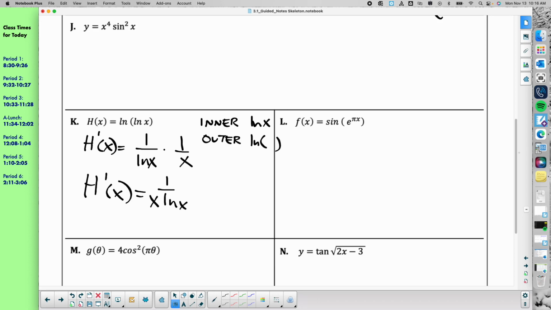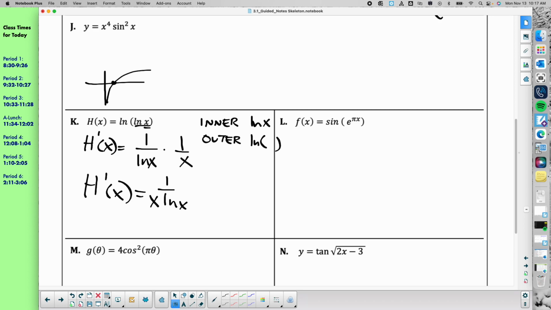If I graph natural log, it graphs like that. 1, 0. Wait, is that 1, 0 or e, 0? Ln of 1 is, yeah, 0. So this can't be negative, and the x can't be negative.